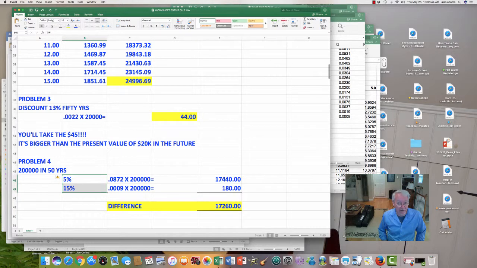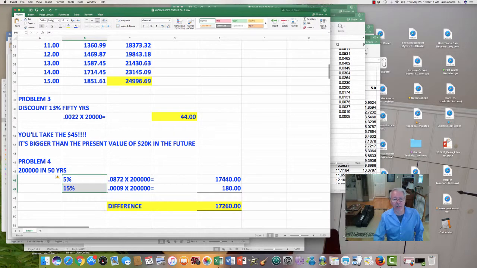No, you can't, because multiplication is not additive and addition is not multiplicative. So finding the difference in percent rates and then doing one operation won't give you 17,260. Common sense says it's going to give you $200,000 times 10%. That's going to give you $20,000. You can't do it.